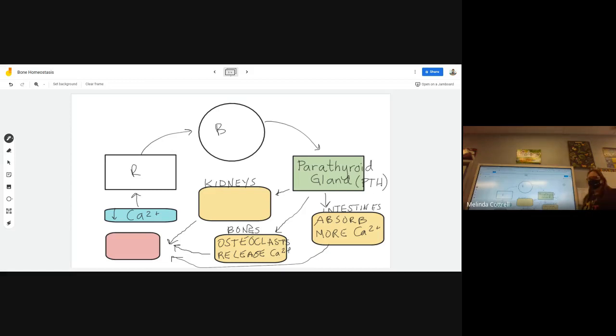And that's similar to the kidneys, but maybe we should clarify that. This is going to absorb it from the food that we eat.